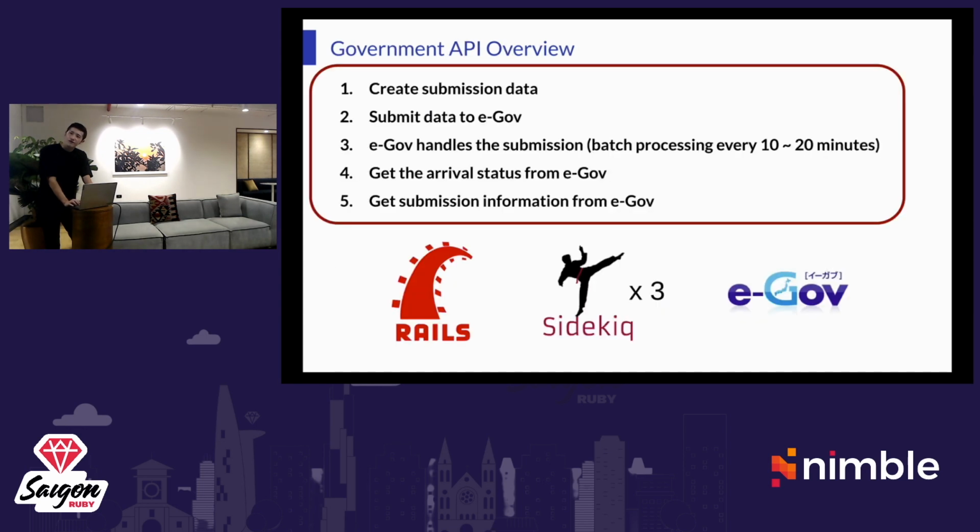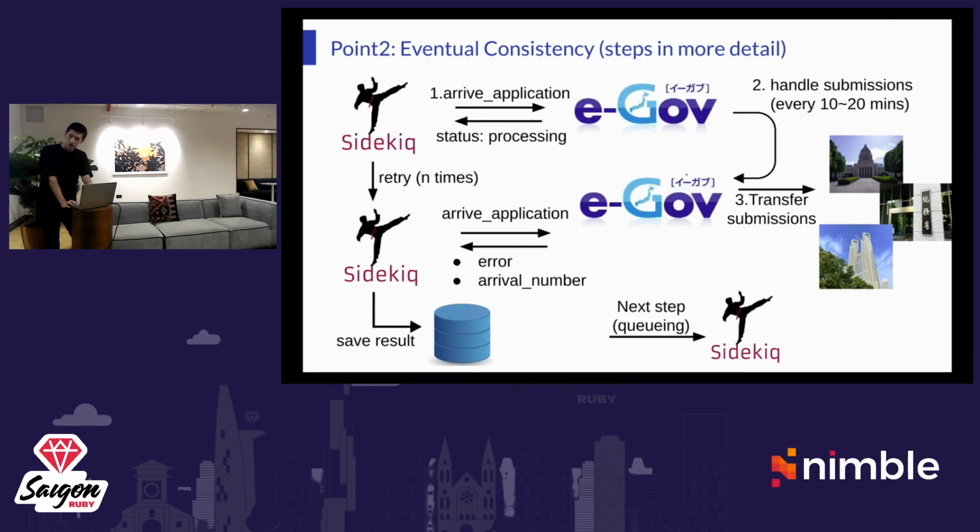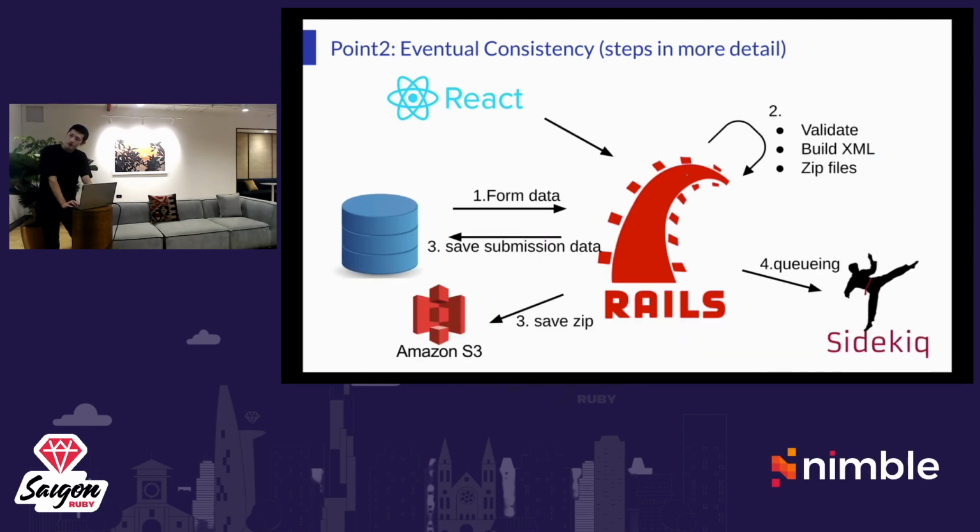Concretely, on step 1, the front-end calls the backend API, then we fetch data from the database, validate data, and build the XML file, which is the eGov file, and then zip it. Then we save data to the database, also save the zip file to S3, then queue to Sidekiq.